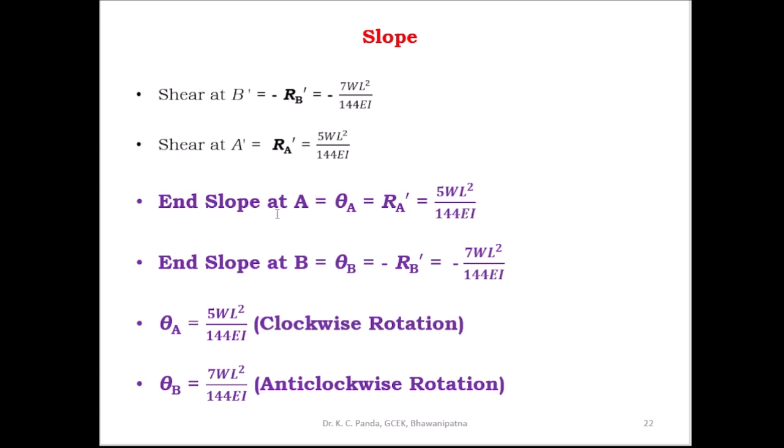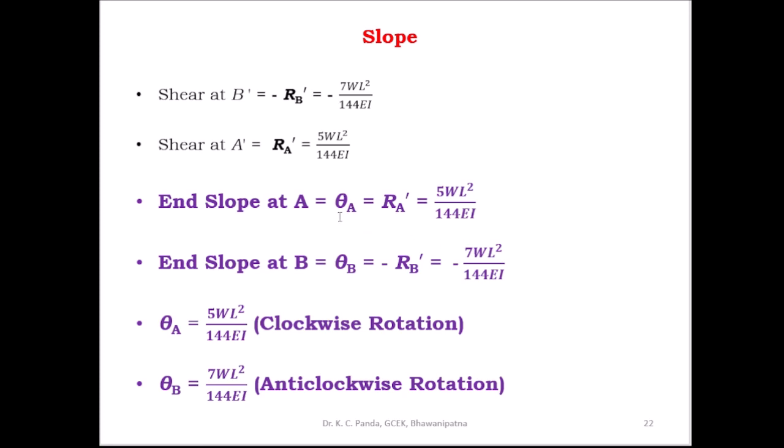Then find out the end slope at A of the real beam and the end slope at B of the real beam. So the end slope at A, theta A, is equal to the reaction at A dash in the conjugate beam, which is 5 WL square by 144 EI. Similarly, the end slope at B, theta B, of the real beam is equal to the shear at B dash in the conjugate beam, minus RB dash, which is minus 7 WL square by 144 EI.